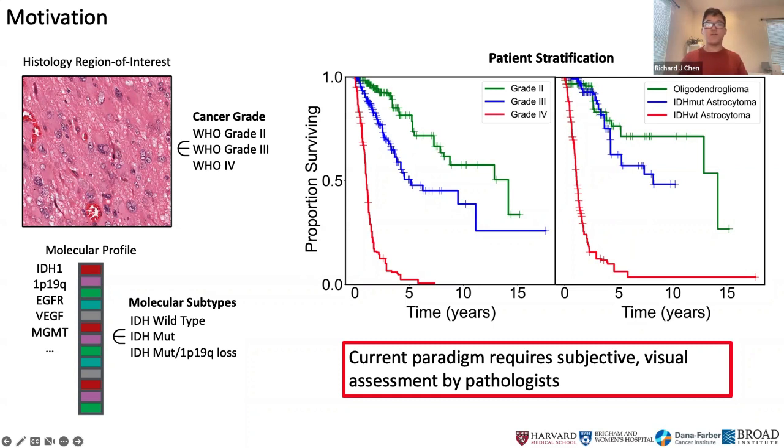For example, for diffuse gliomas, the 2015 classification was recently revised to stratify patients by both histologic and molecular signatures, such as oligodendroglioma, IDH mutant astrocytoma, and IDH wild type astrocytoma. So cancer prognosis in the current clinical management is a multimodal problem. However, the assessment of histology is still manual.